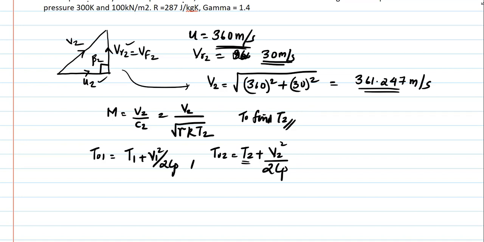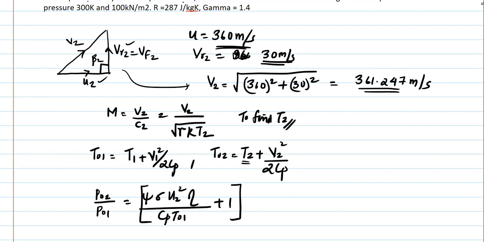To get T2 we need T02, and we know that the pressure ratio P02 by P01 is equal to (psi sigma U2 square eta by Cp T01 plus 1) whole raised to gamma by gamma minus 1, which we have derived recently.